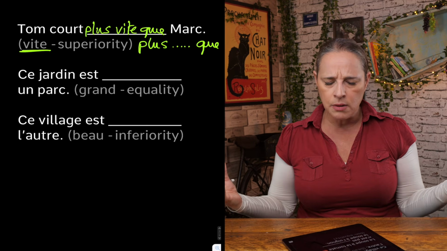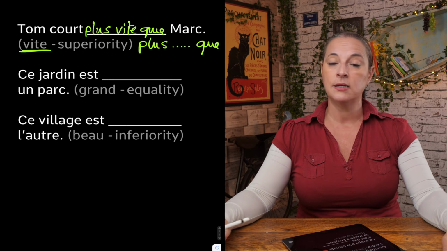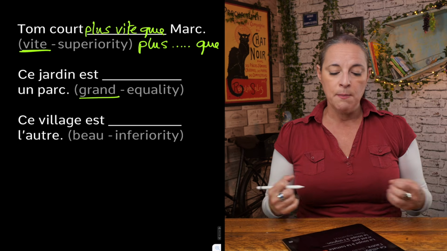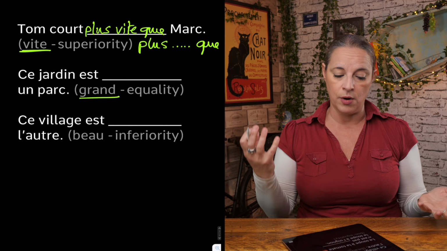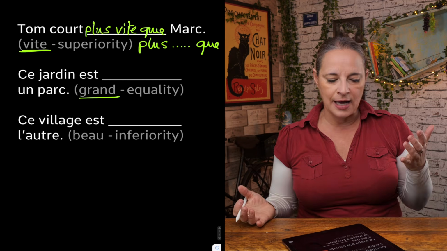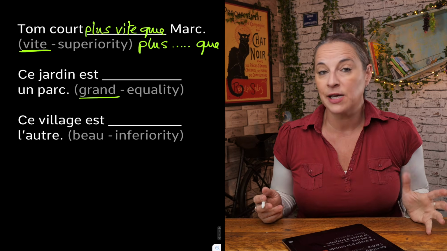Break it up. Right. Ce jardin est, this garden is, and the adjective I want you to use is grand, but I want you to use it in equality. So comparing as equal. This garden is as big as a park. Okay, so wow, this is so big that it's as big as a park.